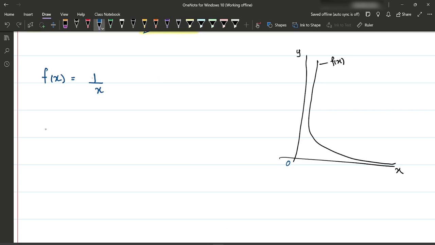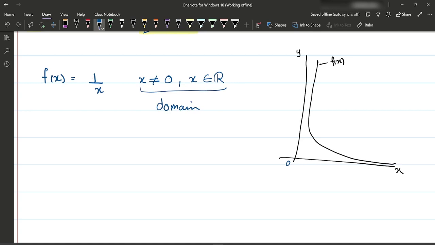So we would say that x cannot equal 0. This is what the equal sign with a slash through it means: x cannot equal 0. We can also say that x is a member of all real numbers, except 0. This is called a domain.